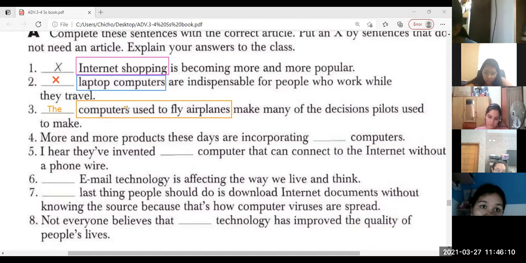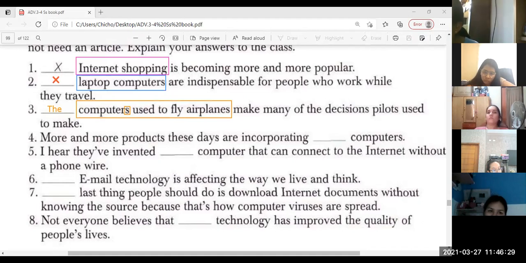As you can see, this is also plural. Okay, that's why I want you to tell me a specific, a general statement, not plural, because sometimes we can use the with plurals. Okay, let's go with number 4.